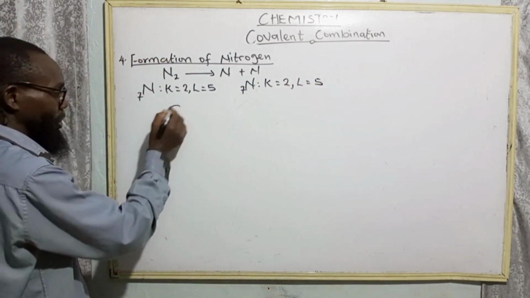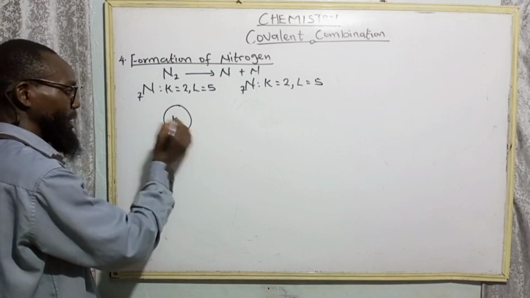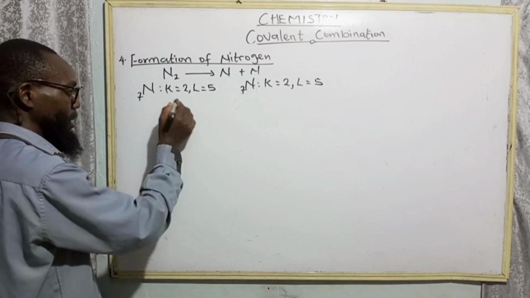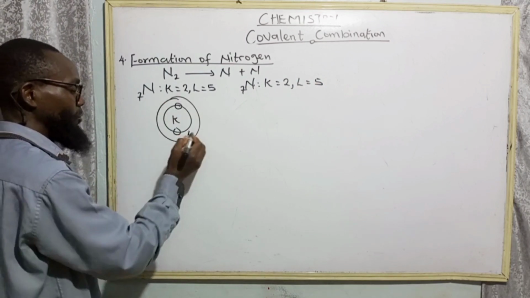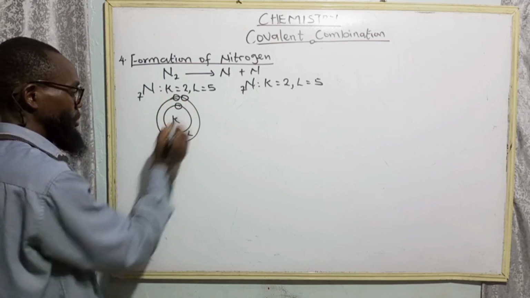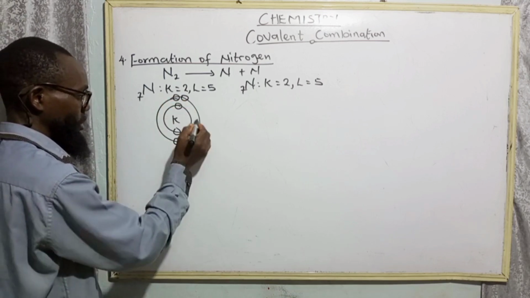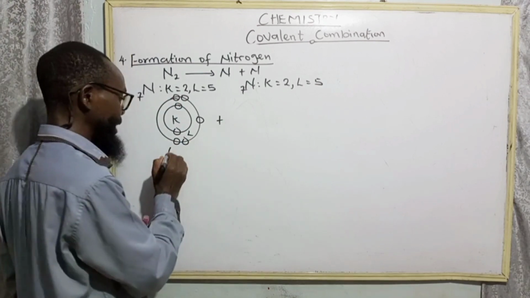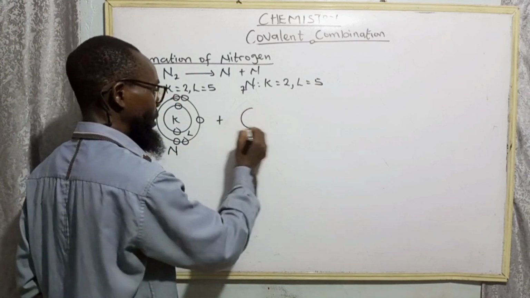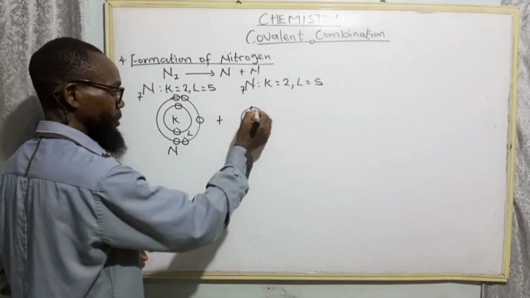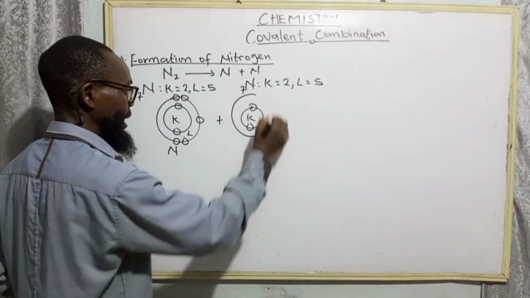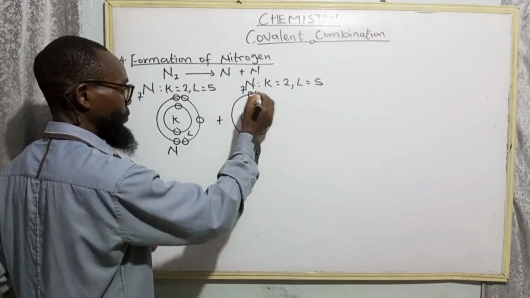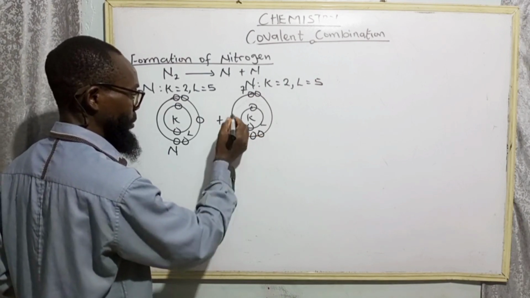When we draw the electronic structure of the first one, K having 2 electrons and L having 5 electrons, we have 2, 5. Likewise, the second one, this is a nitrogen atom. Second one, we have K shell 2, then L shell 5.